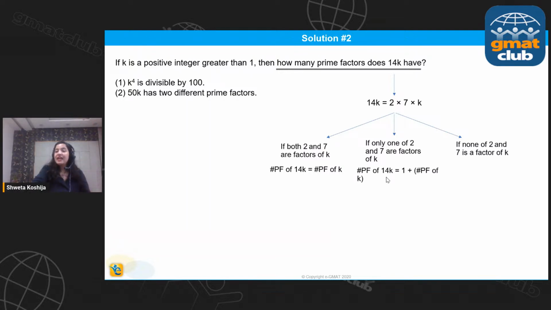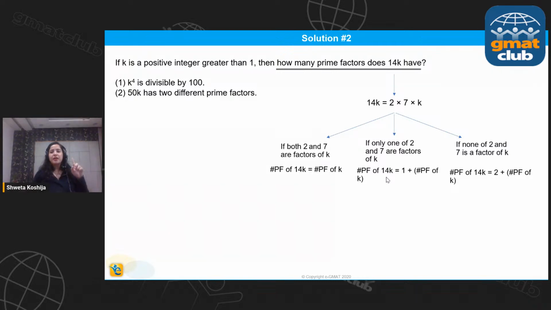Second case, if one of them, 2 or 7, is already a prime factor of K, but the other is not, the other one will still be a new addition, right? So number of prime factors of 14K is going to be one more than prime factors of K. And in the third case, it's going to be two more because 2 and 7 are both new.